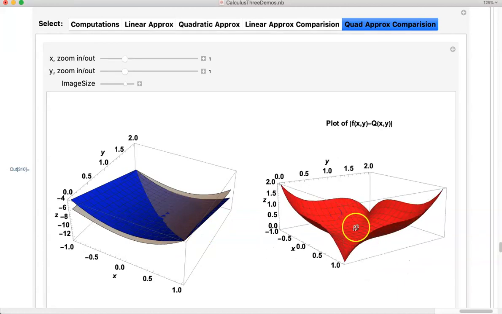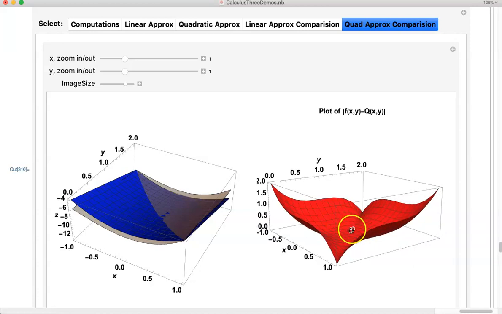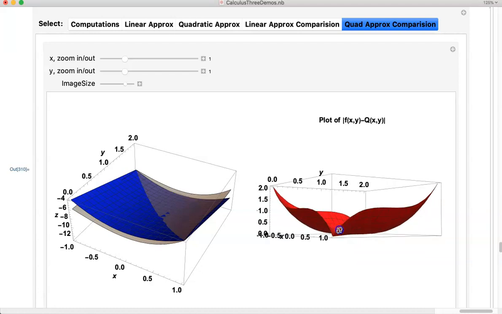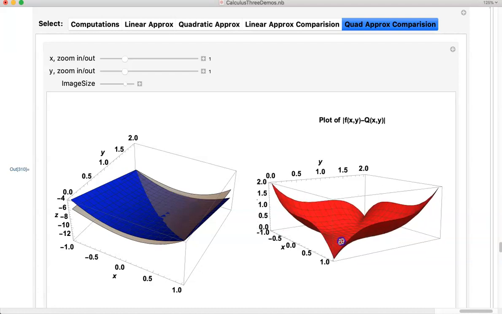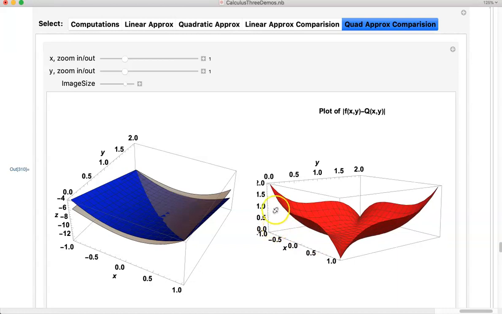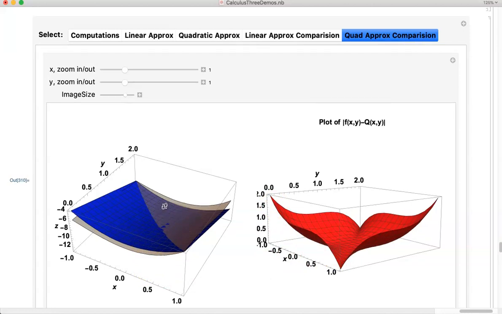So if you can see right here, right near this point of interest, 1, 0, the function and the quadratic approximation are almost the same, so the difference between them is 0. It's only when you move farther away from the point that you see the difference get bigger. Right? So that is the linear and quadratic approximation.